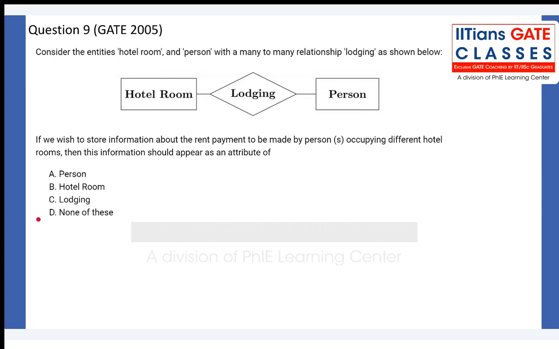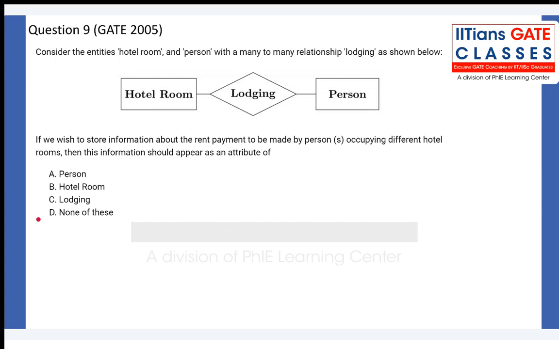If you want to answer this question, ask yourself: there is a hotel room, an entity in itself, with different rooms of different sizes and features. There is a person entity which has its own features, which is name, age and whatever. And there is a relationship called lodging.